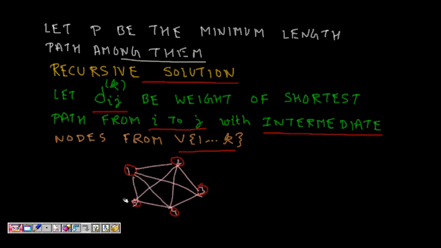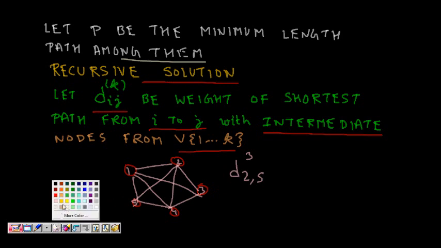So now if I say D3, 2, 5, what it means, there can be how many different paths? Let's try to enumerate, because this is the thing we are going to use in our dynamic programming. So D3, 2, 5 means I will be taking this node and this node, and let's try to see what are the paths possible.